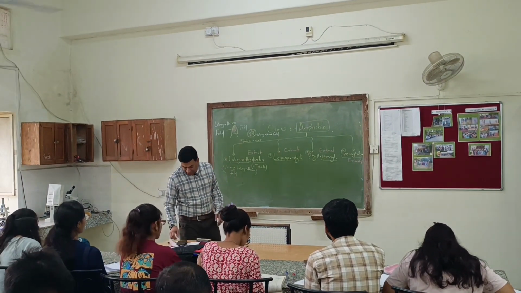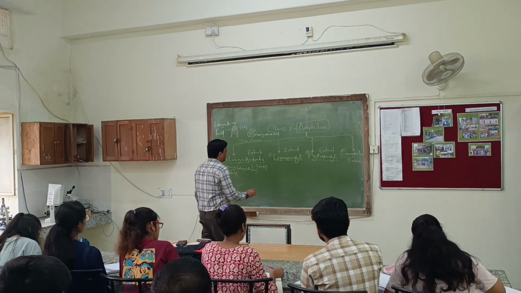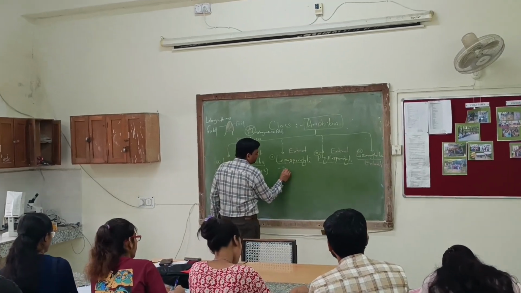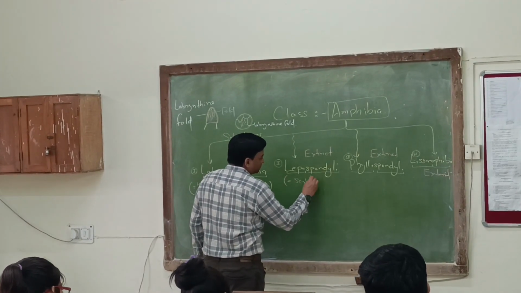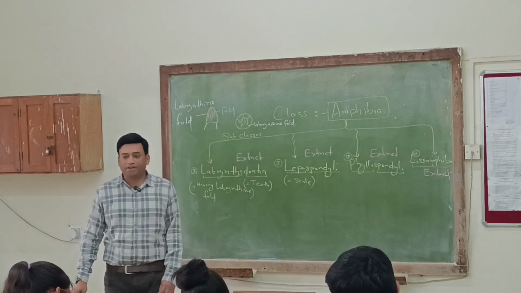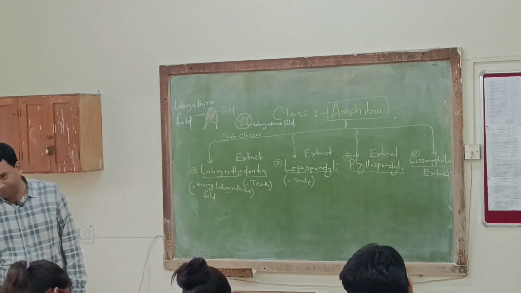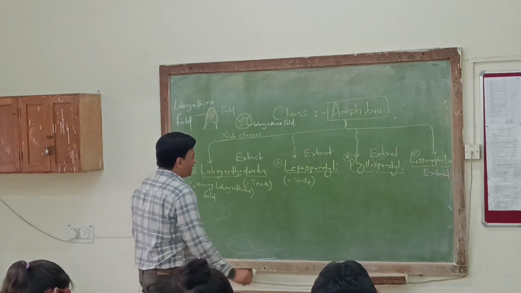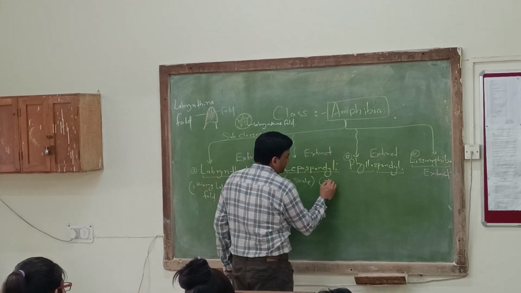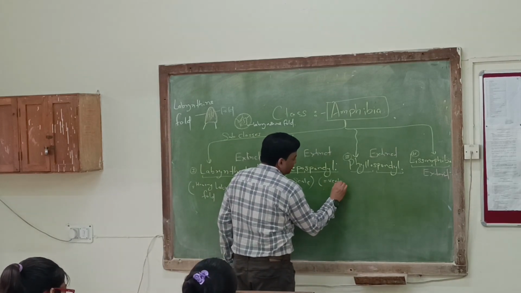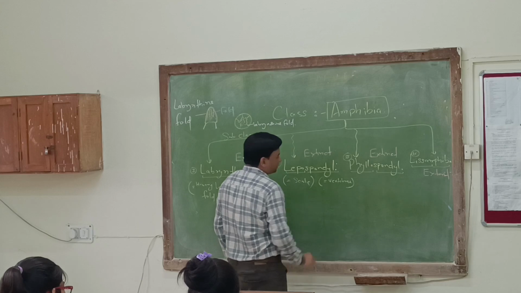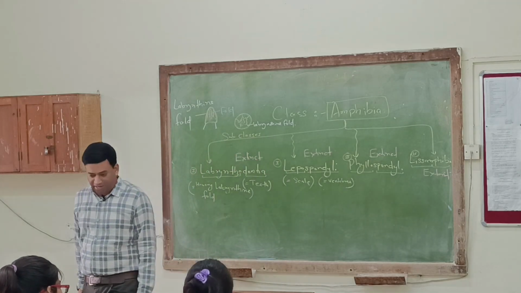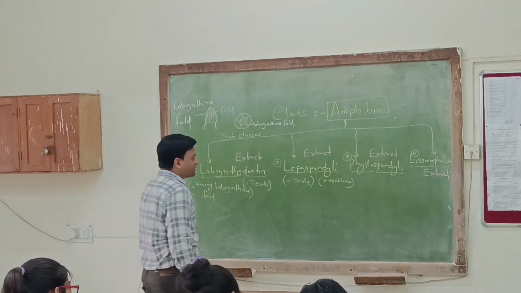Now what is lipo? Lipo means scale. And what is spondyli? Spondyli means vertebrae. Philo means leaf.